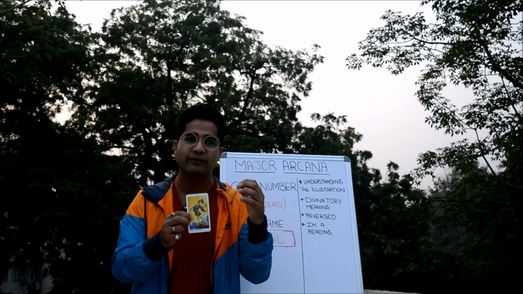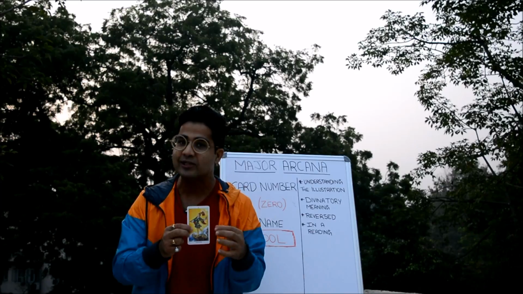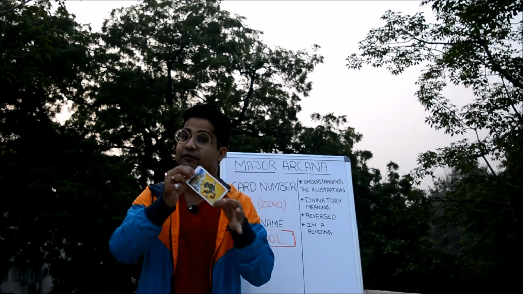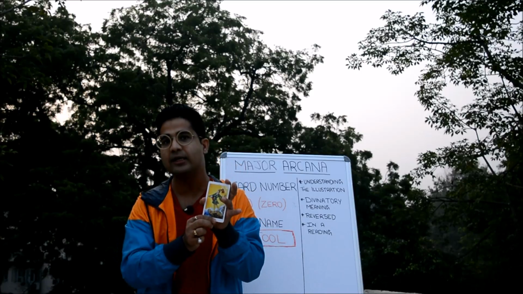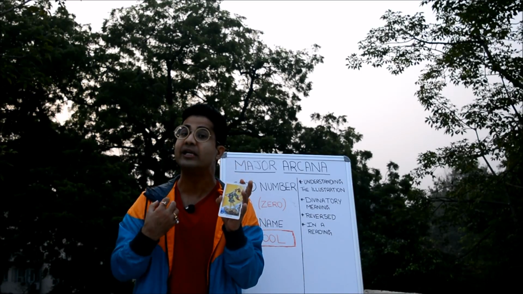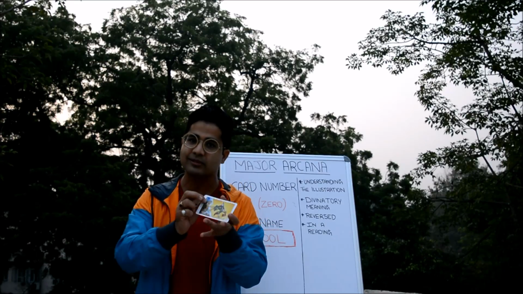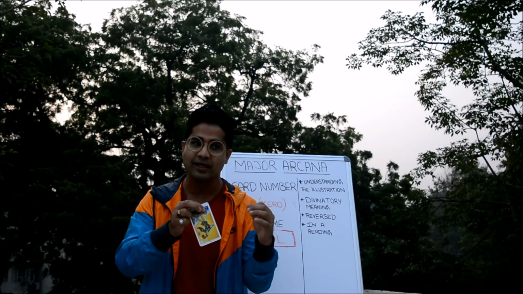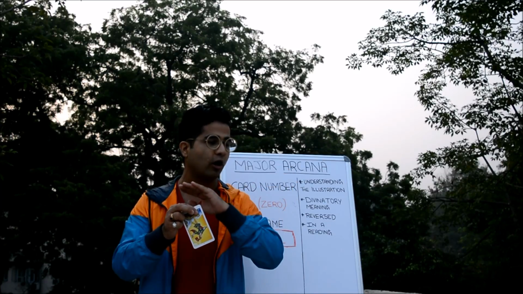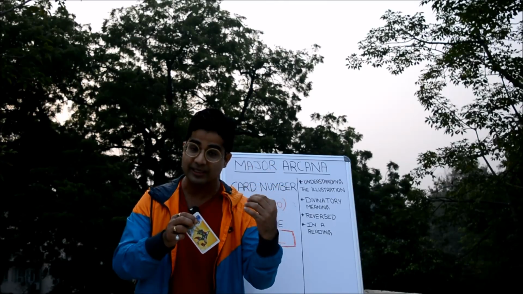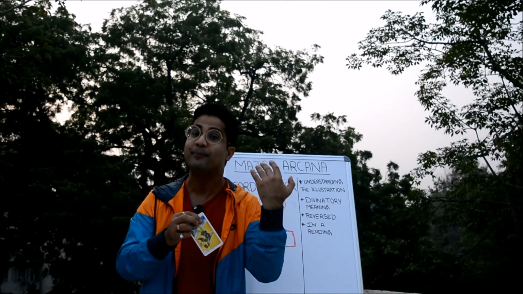He is going with indiscretion, folly. When you see this card and try to understand the reversed meaning, the upright card is telling about taking chances, believing in God, believing in your inner impulse, inner instinct. And the reversed card says you are vulnerable to taking wrong decisions. You are getting into something of which you do not have any prior experience, and you are very much vulnerable to facing losses or making mistakes.